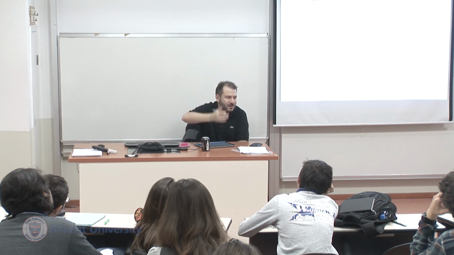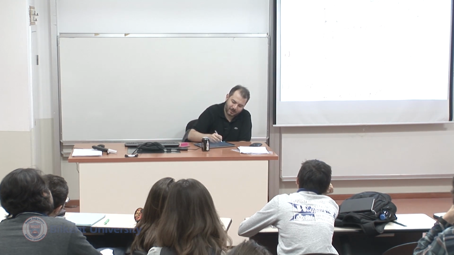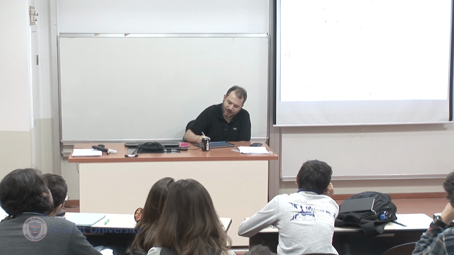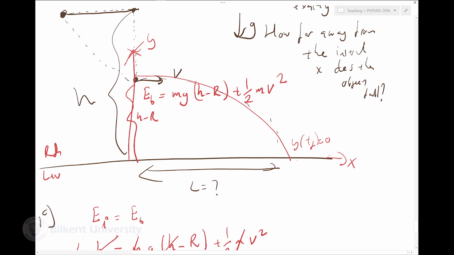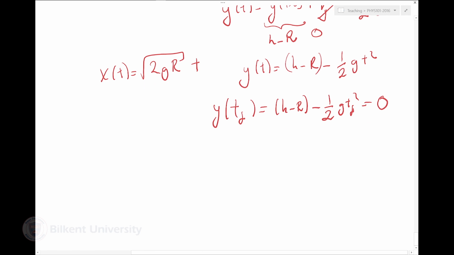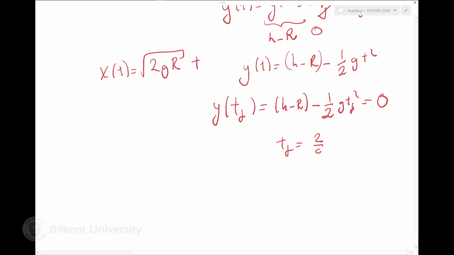My y, when I'm hitting the floor, at time of flight is equal to 0. So y at time of flight, which is h minus r minus 1/2 g time of flight square, is equal to 0. So time of flight is apparently square root of 2/g times h minus r.